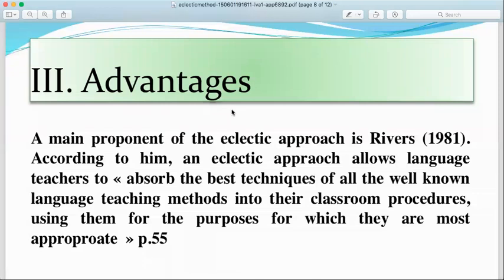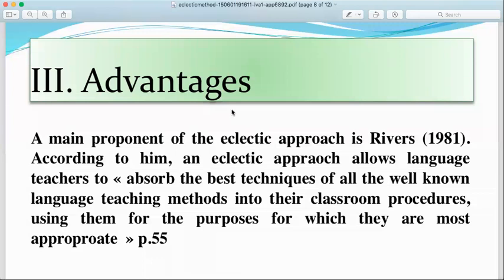So as a characteristic, this approach is very much situational and context dependent. Okay, she has to contextualize her teaching. It should be localized. It should be according to the students, to the place where the teaching is taking place, whether it's a native country, or a country where the language is taught as a second language, or a country where the language is taught as a foreign language. So that's why eclectic approach is said to be very much context dependent.